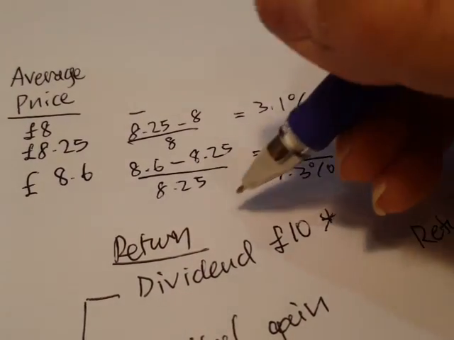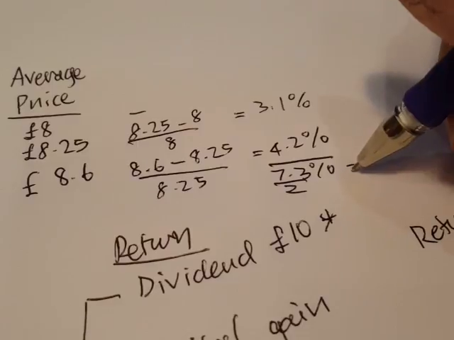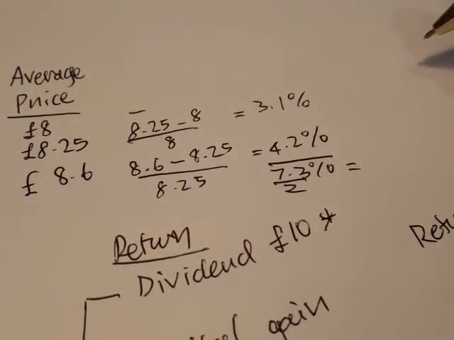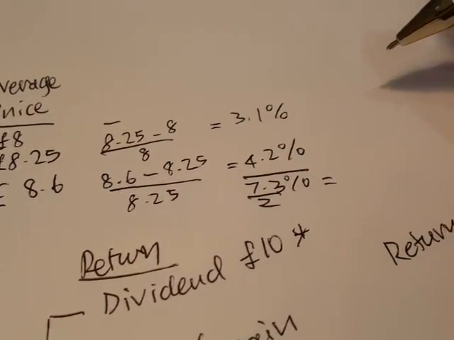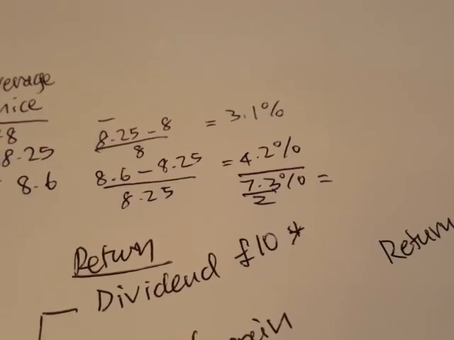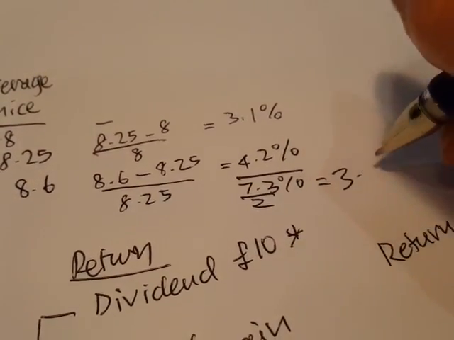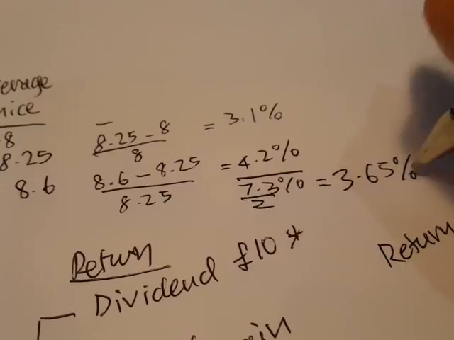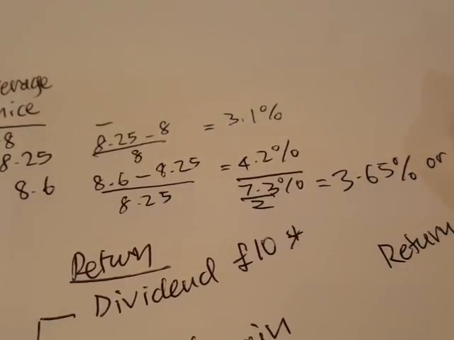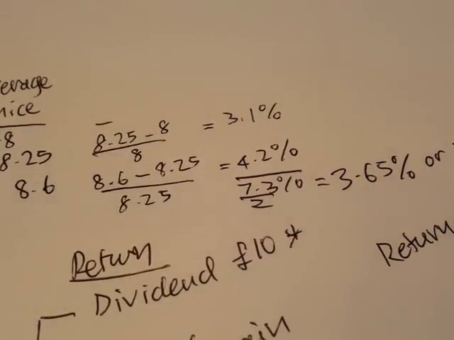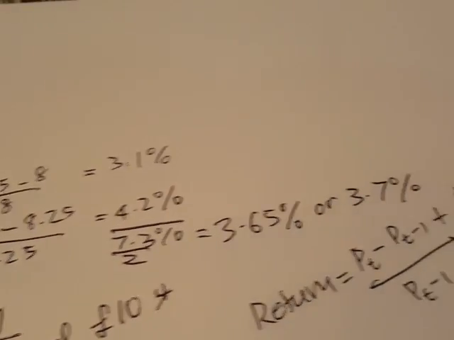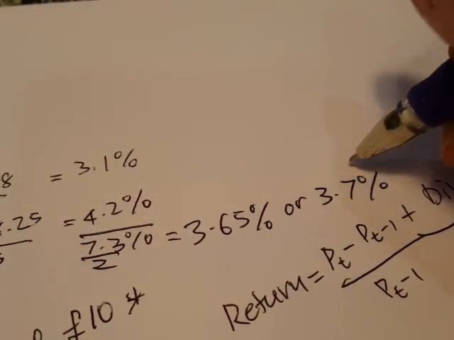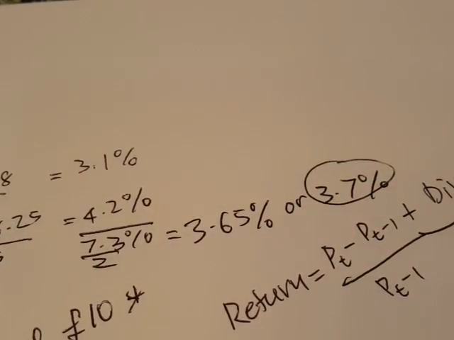So your average return shows that you're going to get 3.65% or 3.7% for the financial asset, for the shares. That's how they get the answer.